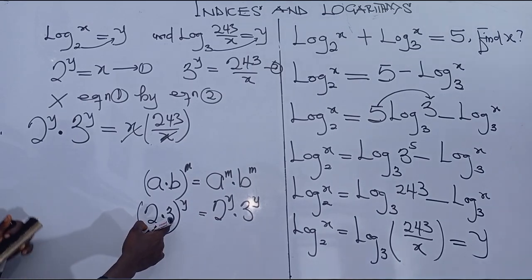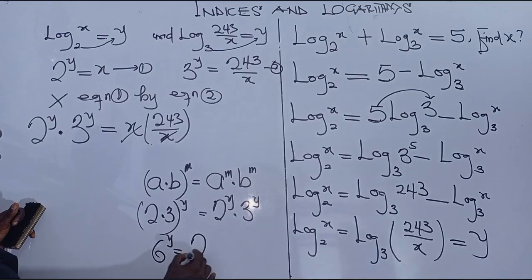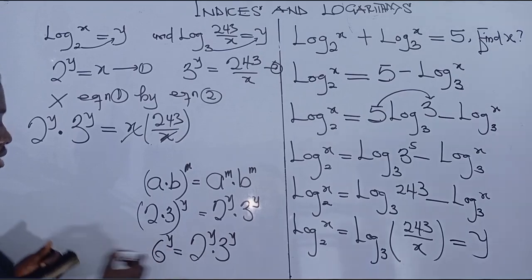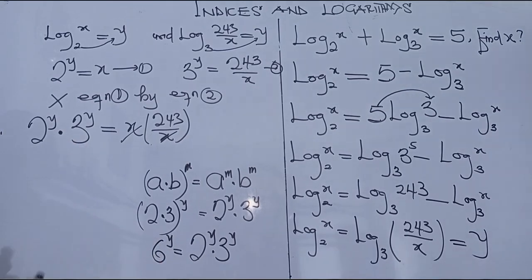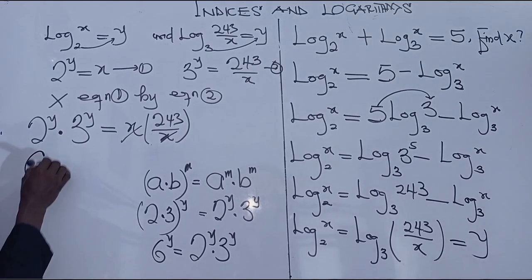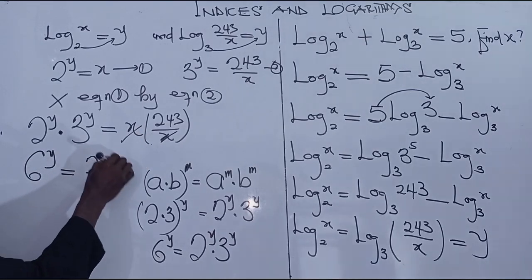So we have 2 times 3 give us what? 6 raised to the power y. So in place of this, we are going to substitute 6 raised to the power y. We have 243.